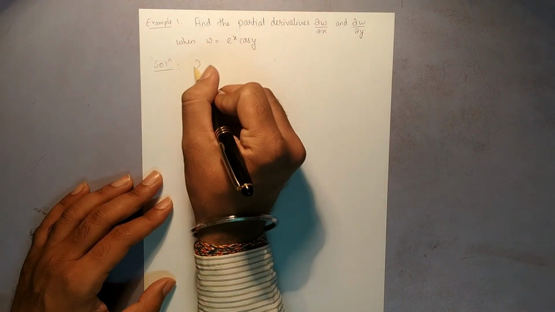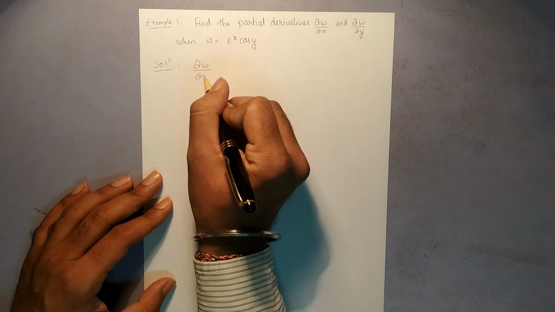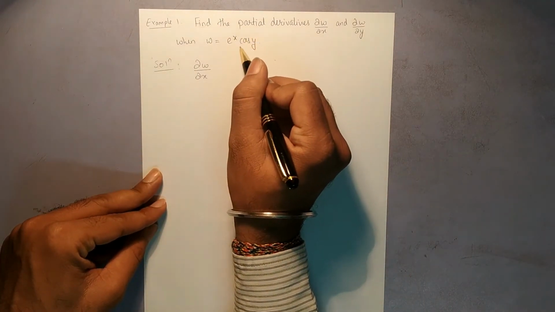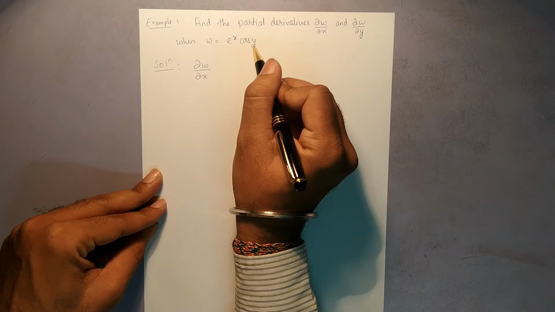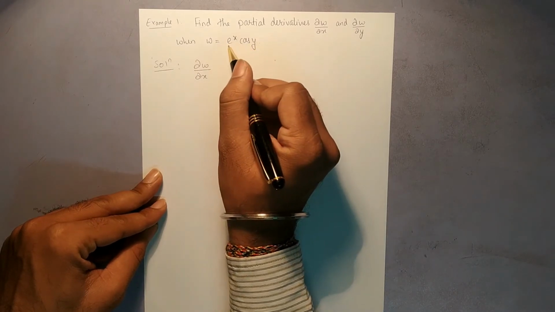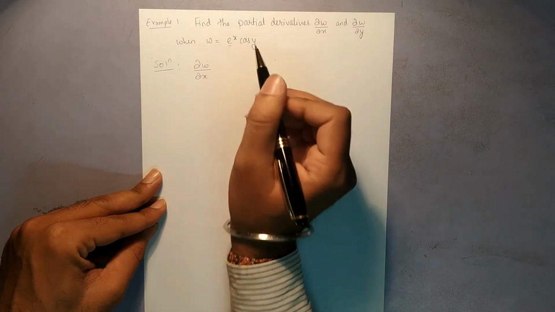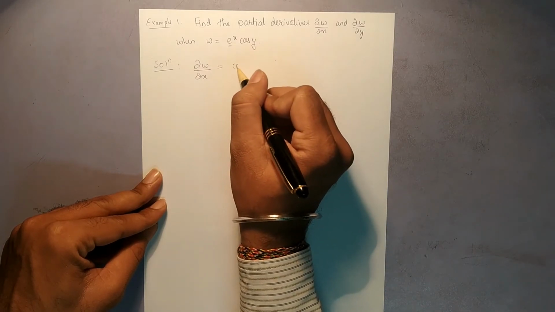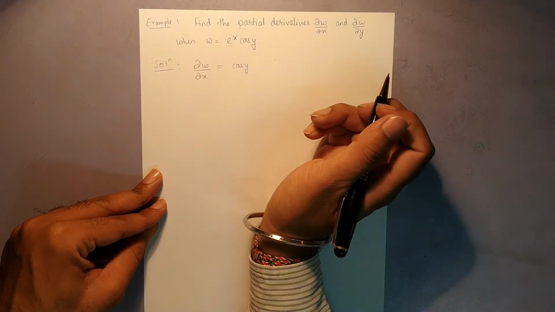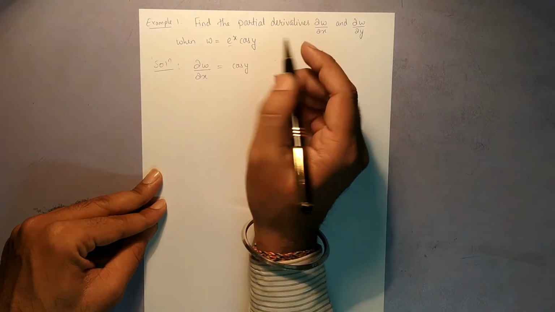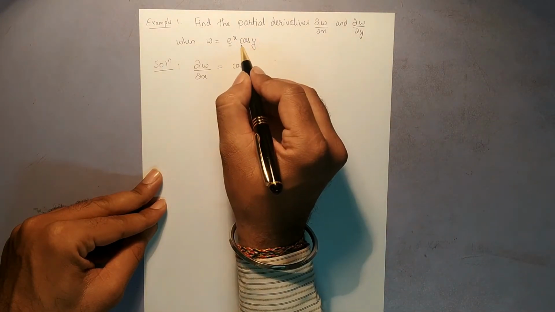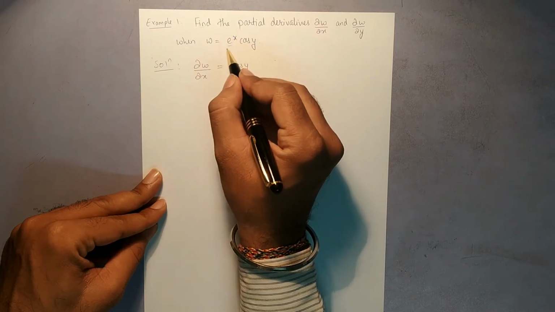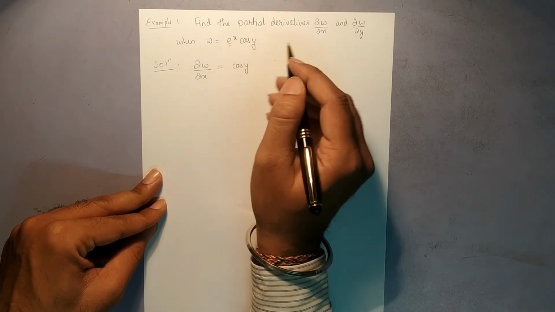To find ∂w/∂x, we have to keep the function which contains y as constant, and we have to differentiate w with respect to x. So we can take cos y as constant. We have to treat the function of y as constant and differentiate the terms which contain x.